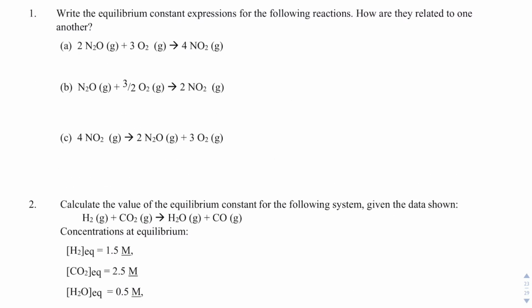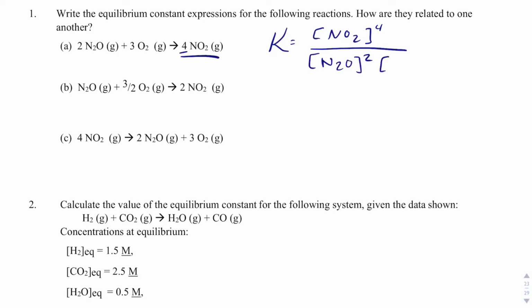One says write the equilibrium constant expression for the following reactions. K is equal to the concentration of NO2 to the 4th power. We have no more here, so we need to go to my reactants. I have N2O to the second power, and I have O2 to the third power. In B, we have our K expression, K equals NO2, except here NO2 is going to be to the second power.